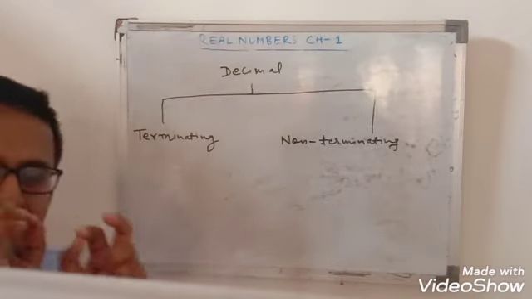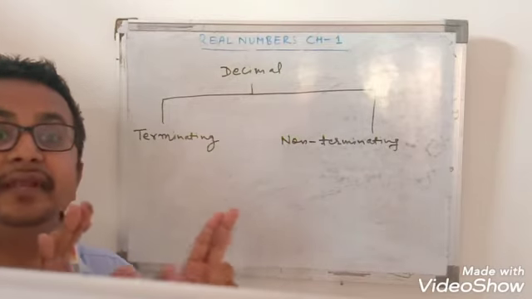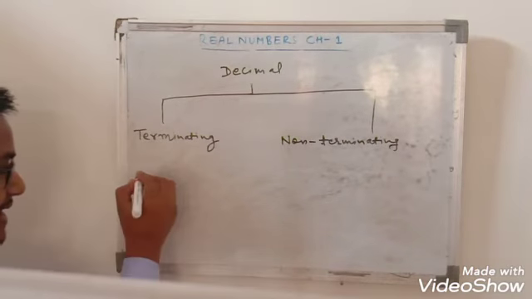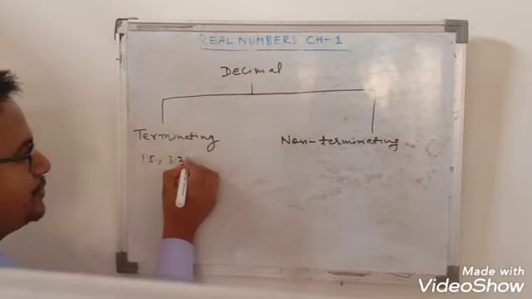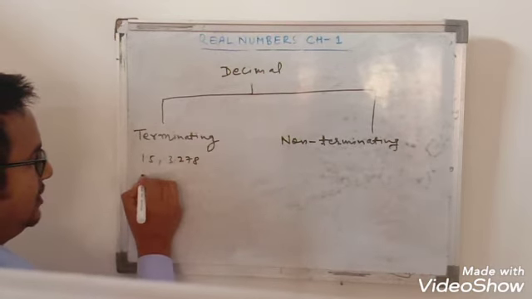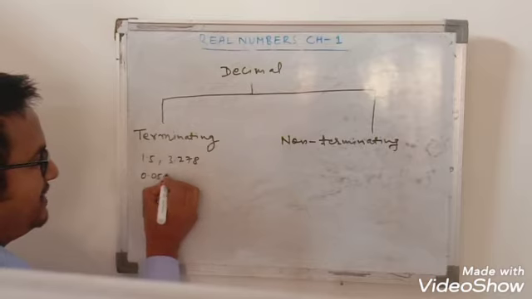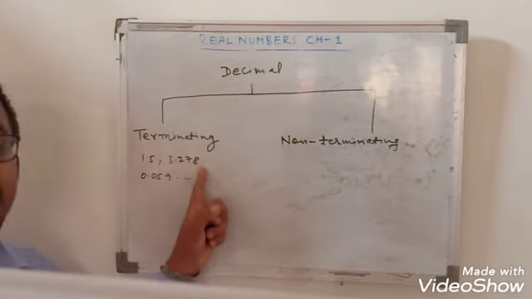Terminating means after the point the decimal expansion has a certain end, comes to an end, right? Like 1.5, 3.2, 7.8 or 0.059, because after the point it has a certain end.